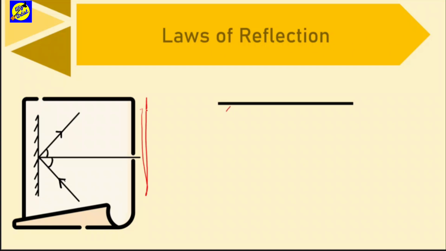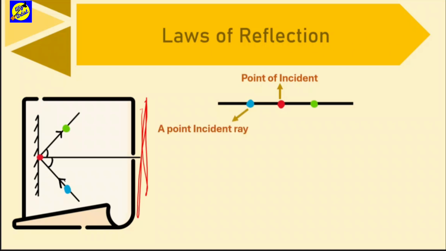Laterally, that means you view it from this side, so you only see a line like this, right? Then if you were to view it like this, the point of incidence, any point on the incident ray and any point on the reflected ray all would lie on this line itself. This means these points all would lie on the paper itself.